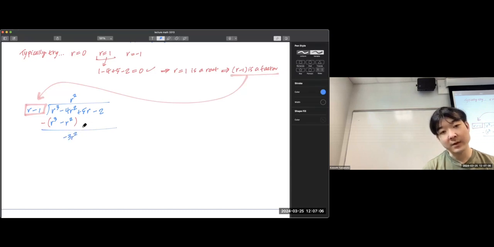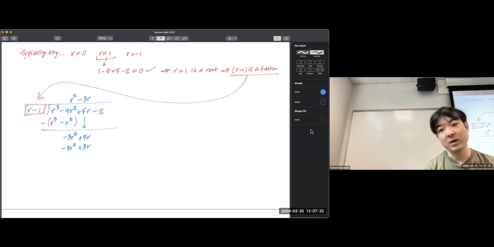And then you pull down one of these. How many times can r minus 1 go into this negative 3r squared? I'm going to say negative 3r. That will multiply with this to give you negative 3r squared, since negative 3 times negative 1 is positive.